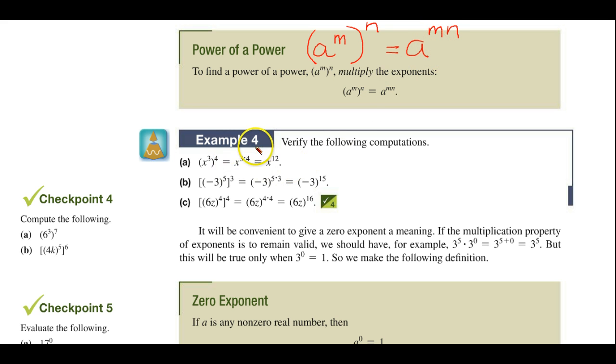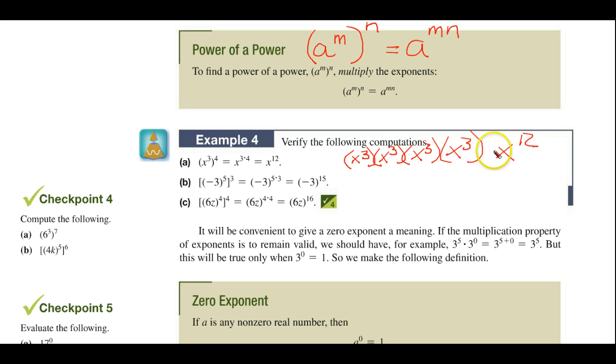So as we look at example 4, we're going to multiply. Because what is this? This is x to the 3rd times x to the 3rd times x to the 3rd times x to the 3rd. So if we strung it out like this, we'd see there are x to the 12th.